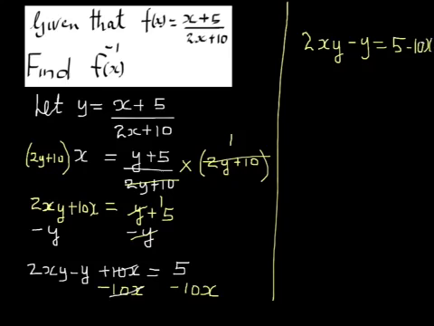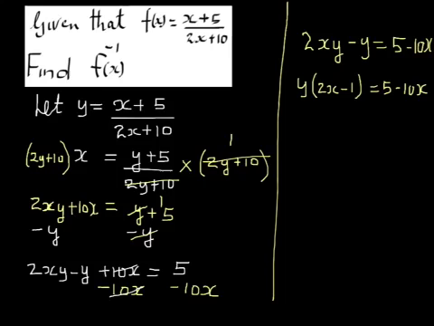If you notice, y is a common factor, so we can factor out y. So in this case, I have y times 2x minus 1 equals 5 minus 10x. How can we get y?